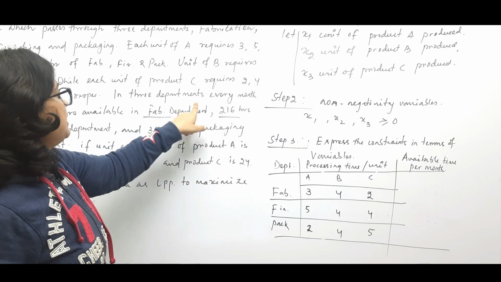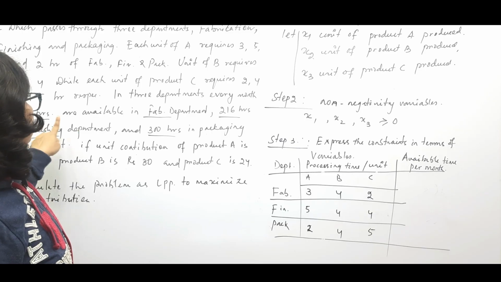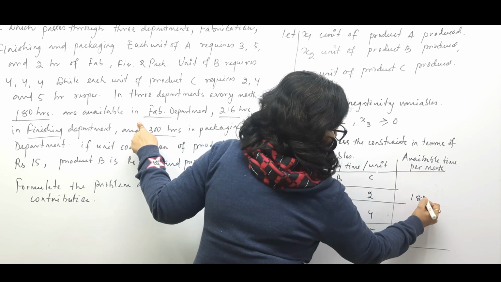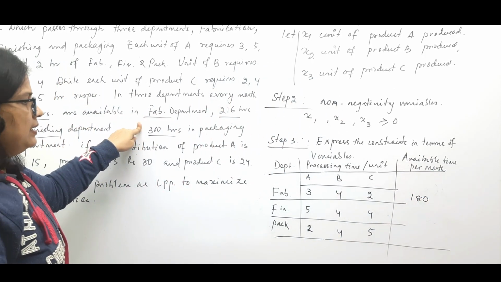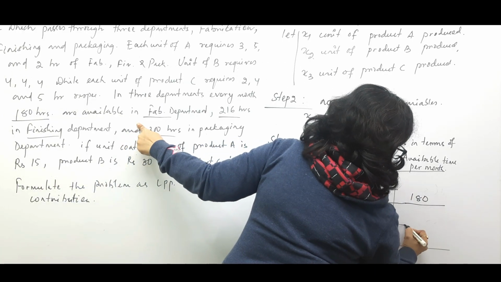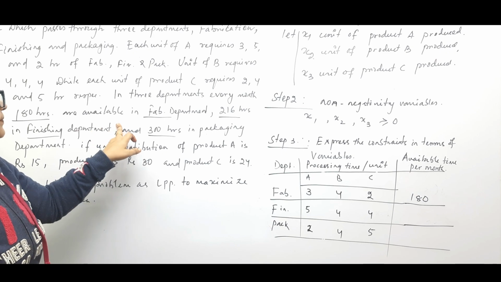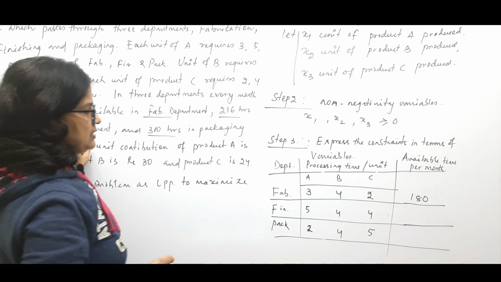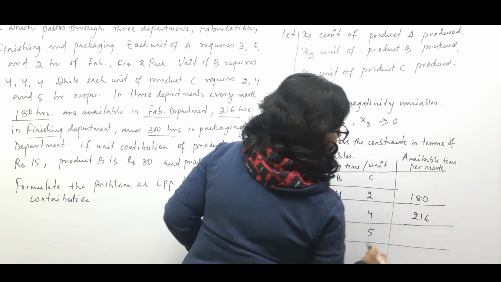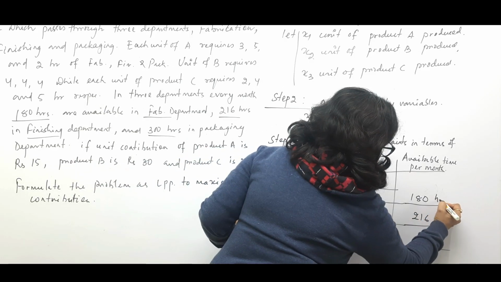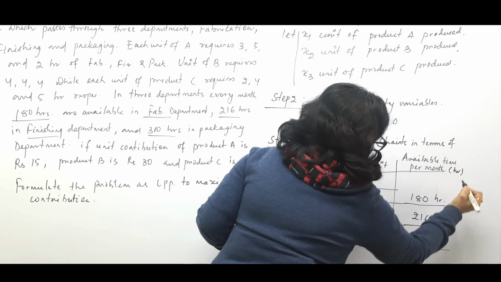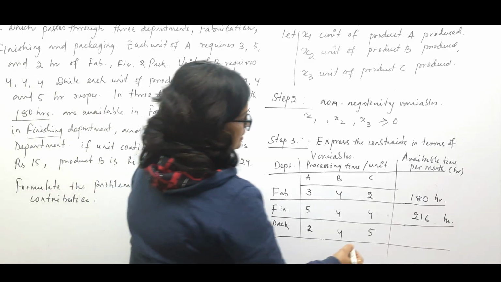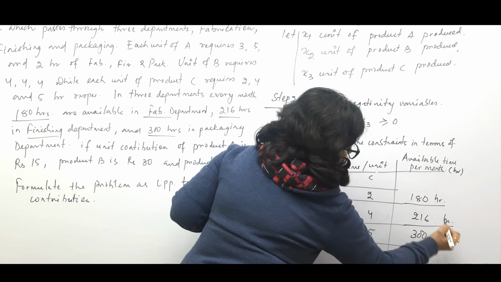What have we identified as the constraints in the question? In the 3 departments, every month 180 hours are available for fabrication, 216 hours available for finishing, and 300 hours available for packaging. So these are our constraints.